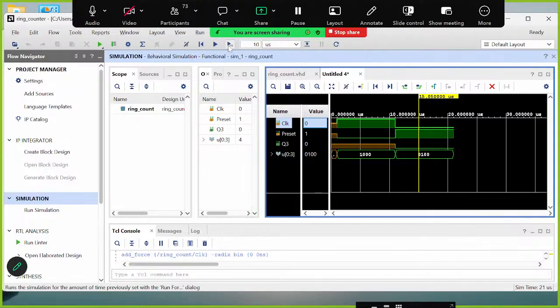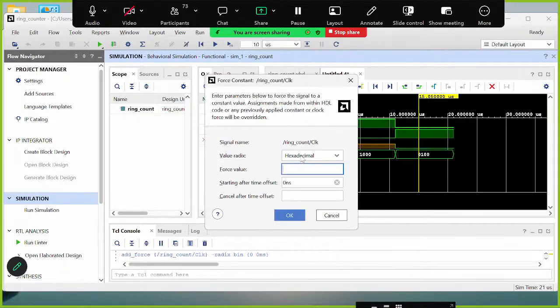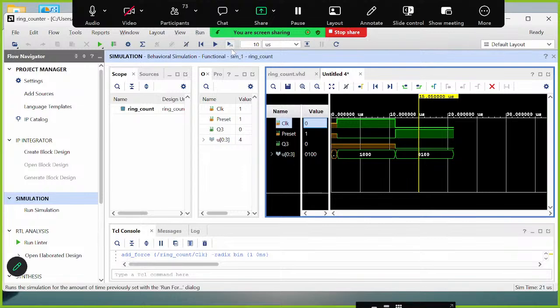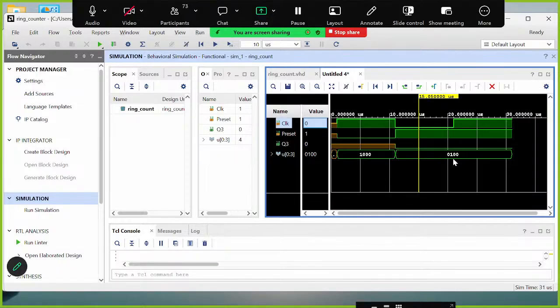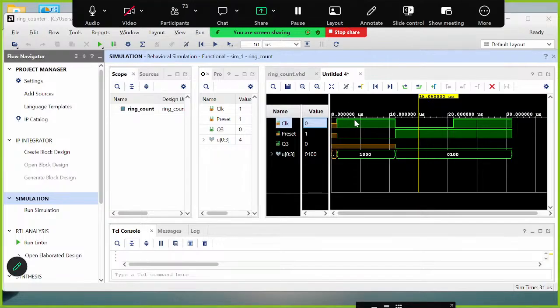Again run. Sorry. We need to force constant 1 on the clock and run for a specified period of time. So see, there is no change now. It is working accurately.